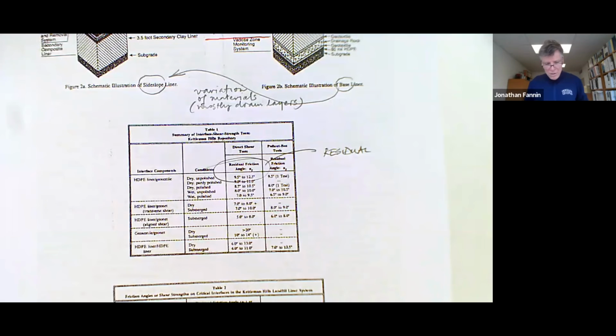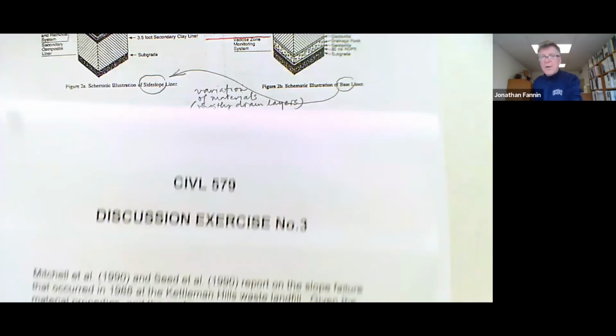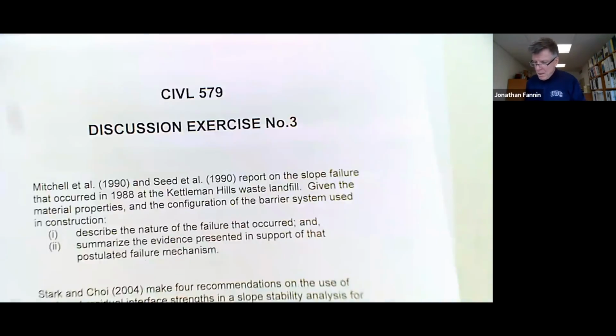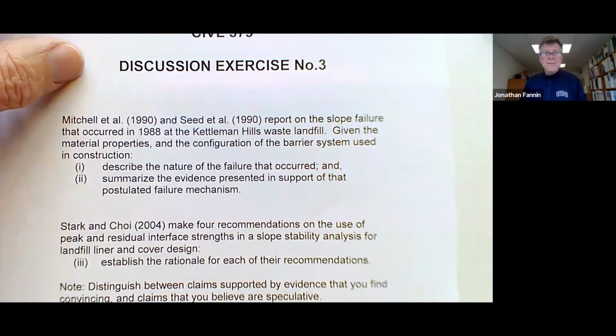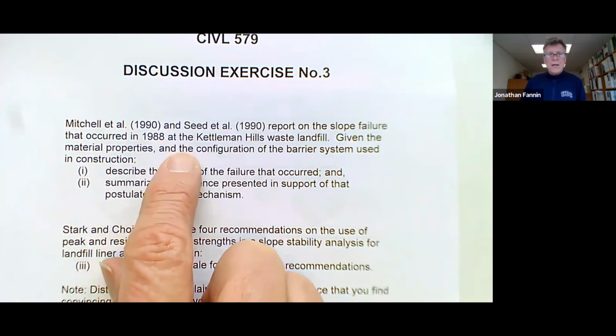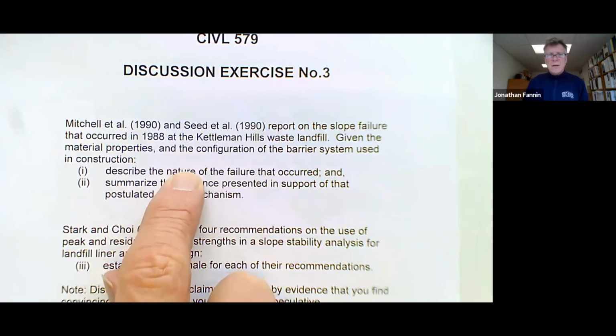But I'd like to turn at this point to the discussion exercise. Informed by these insights and informed by what we see here, I hope you found it instructive to examine the nature of the Kettleman Hills incident.